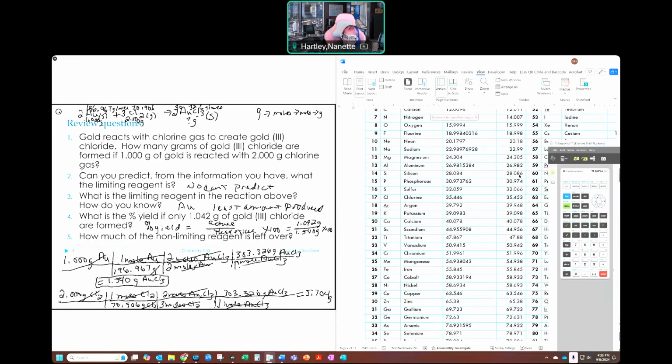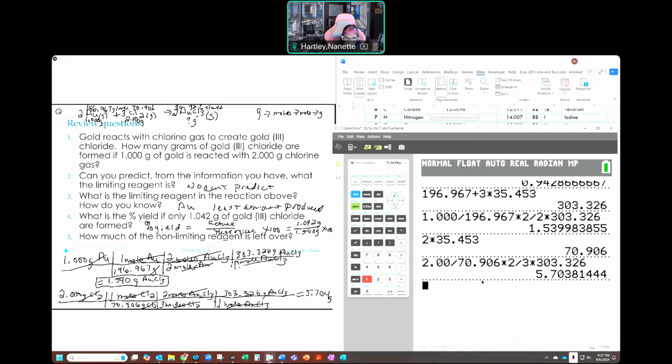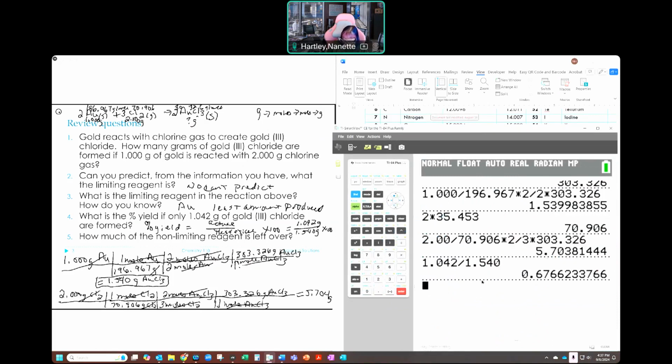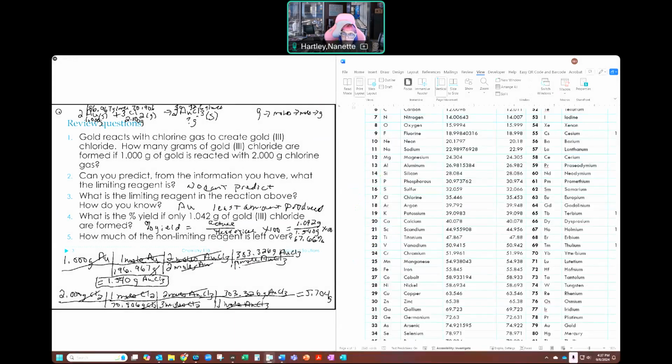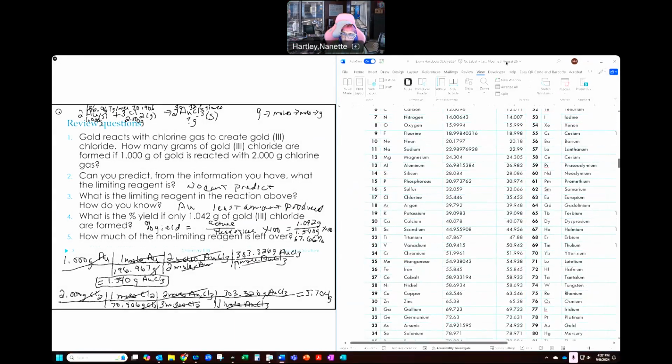If I look at my calculator, 1.042 divided by 1.540, enter, and I multiply that by 100, and that's 67.66. I'm going to report it as 67.66% because it was 4 sig figs.